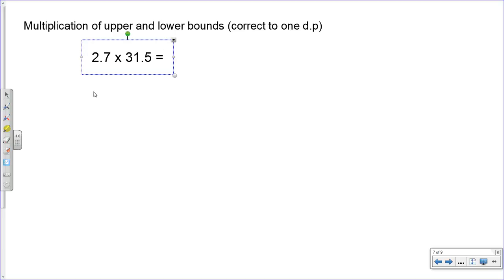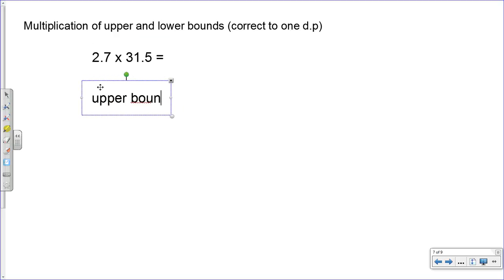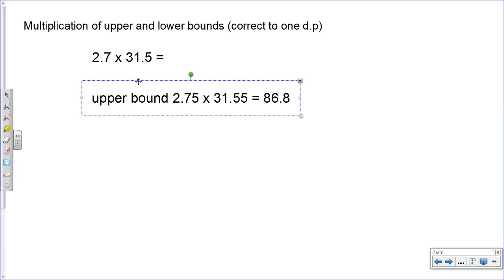So let's first look at the upper bound. The upper bound of 2.7 to one decimal place would be 2.75. I'm going to multiply that by 31.55, and the upper bound answer would be 86.8.